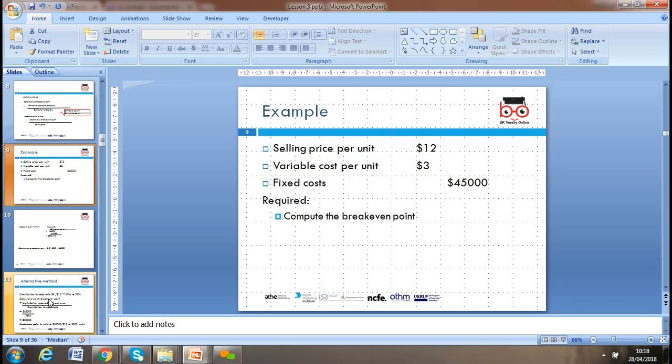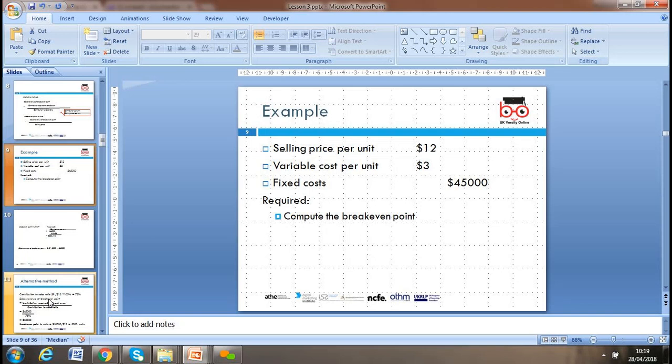The formula for contribution per unit is the difference between the selling price and variable cost per unit. The selling price is 12 and the variable cost is 3. So 12 minus 3 would be 9. So basically 45,000 divided by 9.